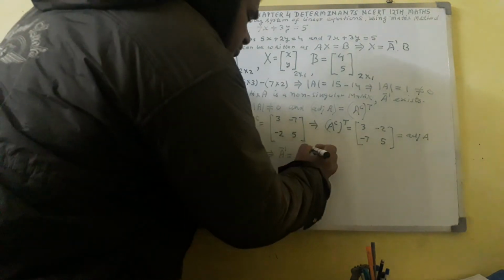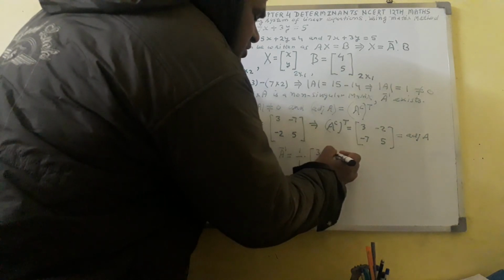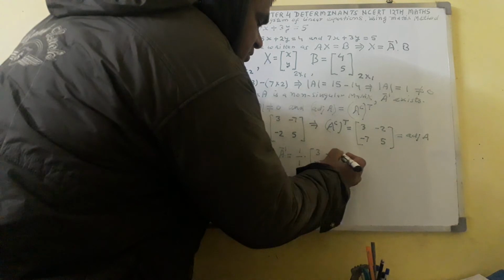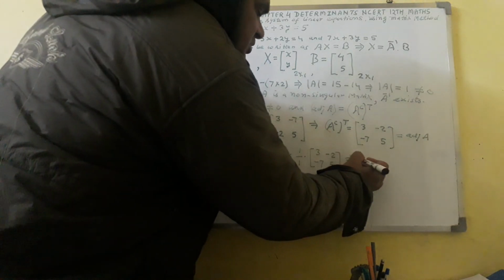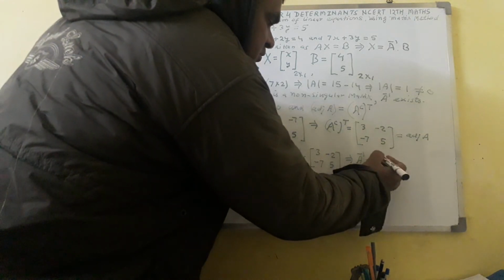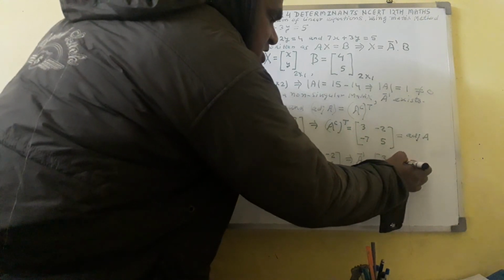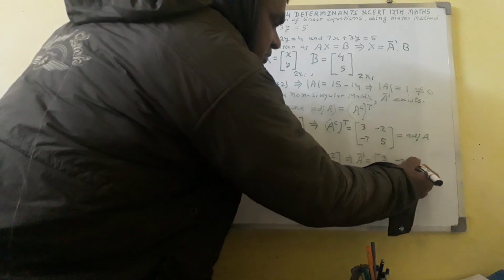So put here this one: 3, minus 2, minus 7, 5. So you have got implied that A inverse equal to 3, minus 2, minus 7, 5.